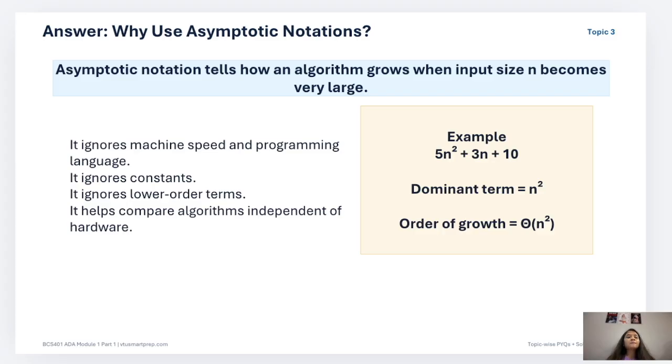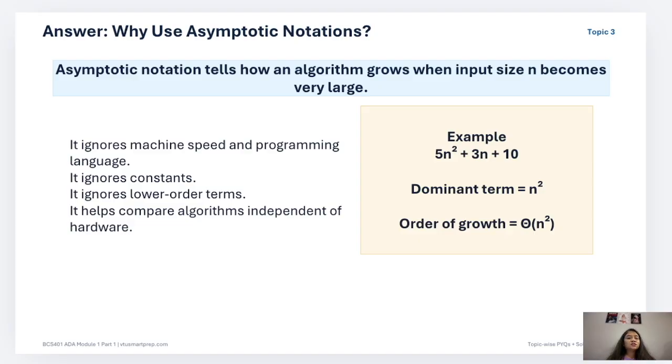So here you can see what asymptotic notation is trying to tell. It is trying to tell us how an algorithm is growing when the input size becomes very large. It's a very simple definition. Are you understanding? How an algorithm grows when the input size becomes larger or very large.